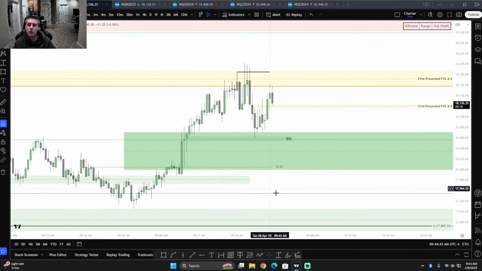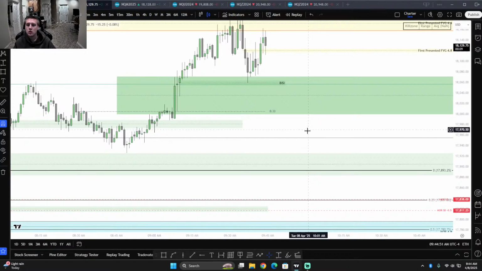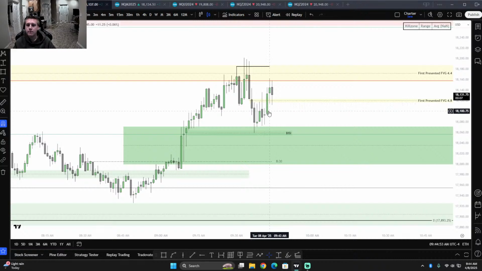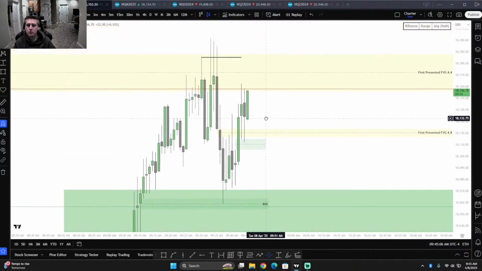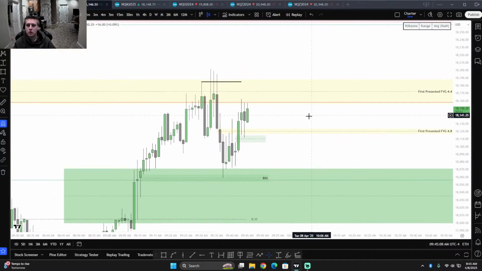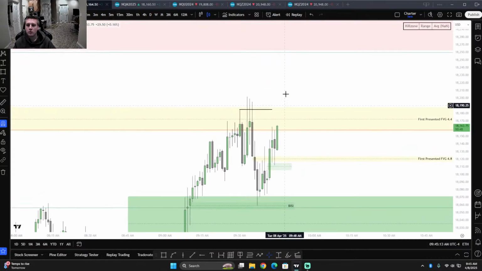If we break below this low, we're looking in here and here. This theoretically should send price higher, allowing it to run into this lower buy side imbalance. That's fine. Respecting consequent encroachment. Now I really want to see us break through this.